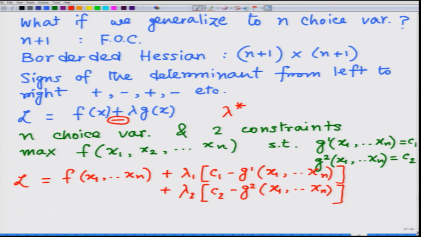Of course, as there are n decision variables and 2 Lagrange multipliers, there will be n plus 2 variables and you are expecting n plus 2 first order conditions, and of course following the way I have shown previously, you can construct the bordered Hessian and all. But now let us concentrate on the interpretation of this lambda 1 and lambda 2. What are these variables?